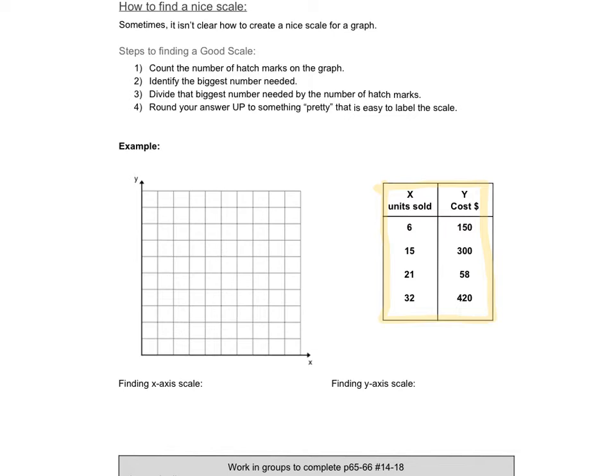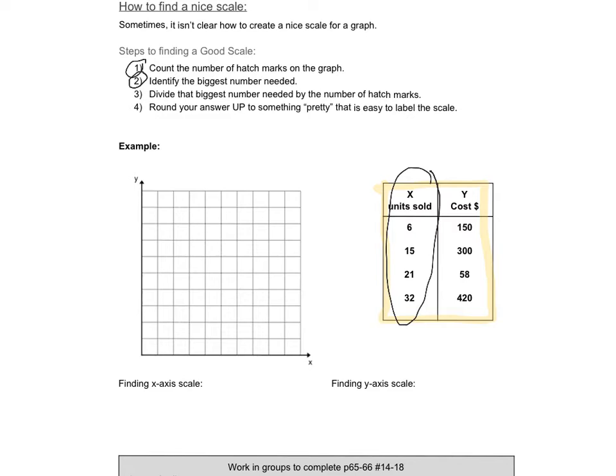So the way I handle this instead is I take a look at my biggest x value, which is really step 2, and I count the number of hatch marks on the graph, which is step 1. And I use those two numbers to decide what my scale should be.